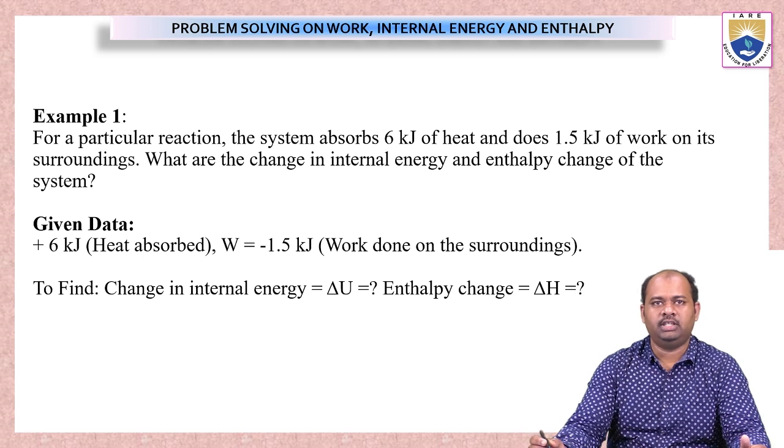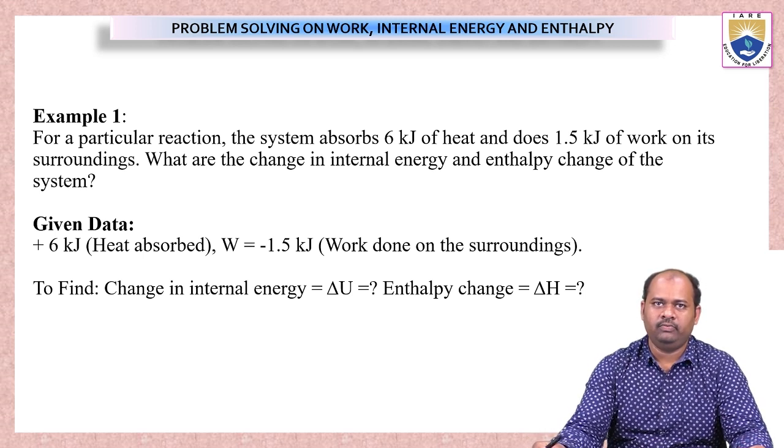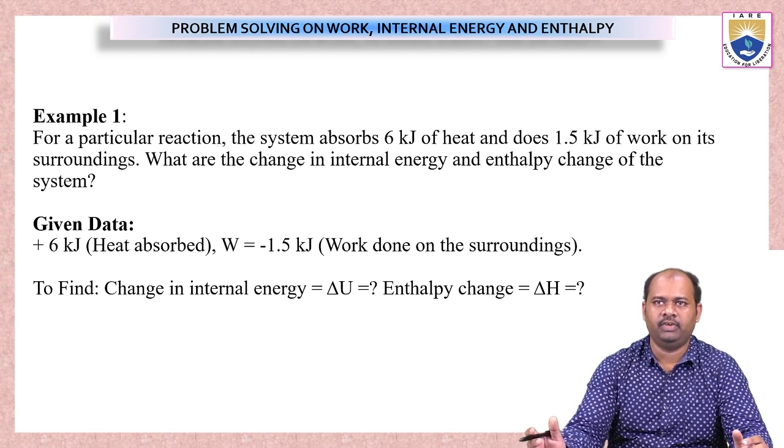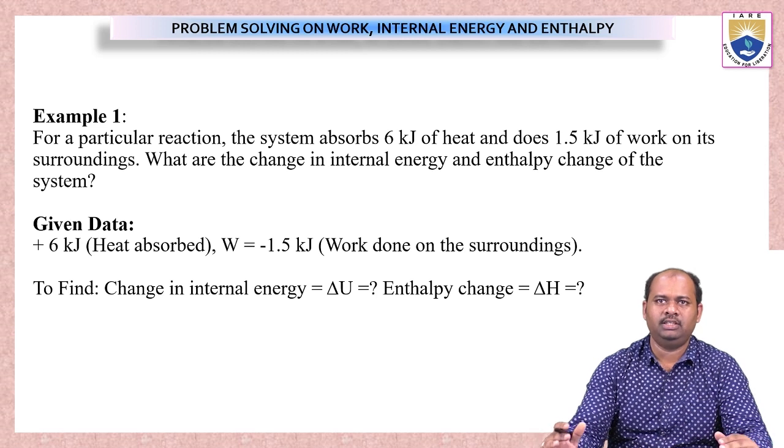So let us see the first example for this lecture, and the question goes like this. For a particular reaction, the system absorbs 6 kilojoules of heat and does 1.5 kilojoules of work on its surroundings. So there is a system here.